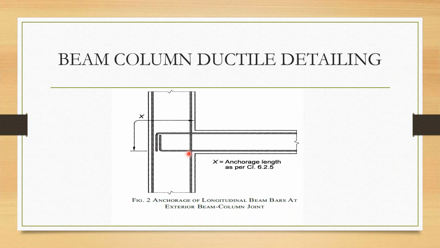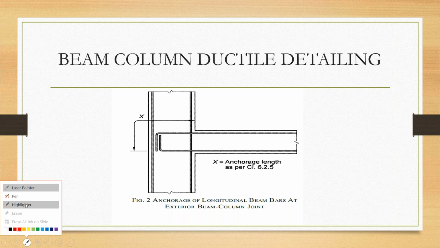So what is actually happening? At the beam-column joint, the beam bottom reinforcement is going inside the column reinforcement and taking a 90-degree turn, that is perpendicular, and the top reinforcement is going down, taking a 90-degree turn. So this is what you have to make in AutoCAD.